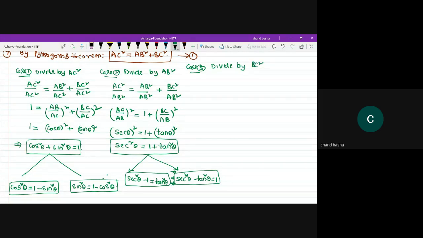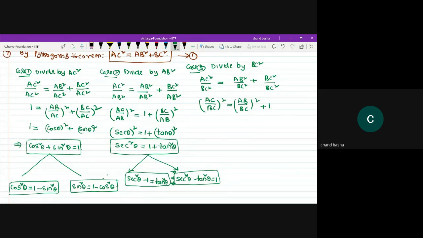AC square divided by BC square is equal to AB square divided by BC square plus BC square divided by BC square. So AC divided by BC whole square is equal to AB divided by BC whole square plus 1. BC divided by BC value is 1.